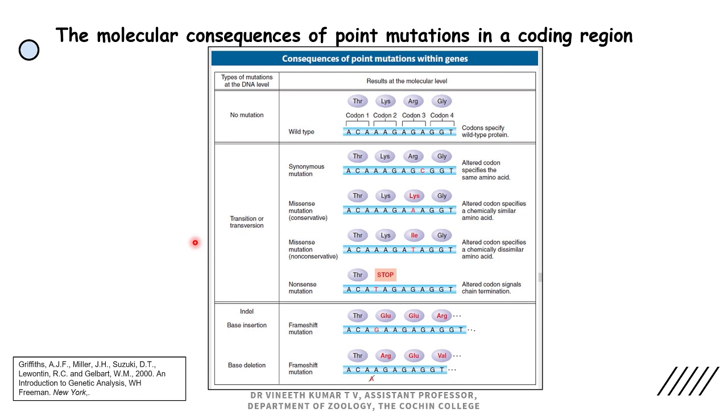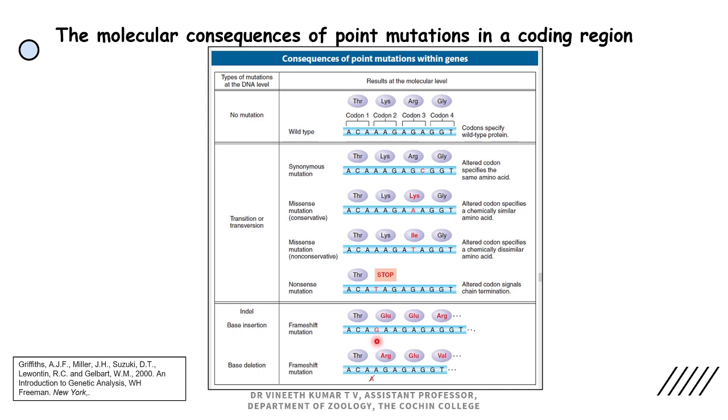But here the entire reading frame will be altered because of either an addition or a deletion. So the first one is base insertion or addition. This is a frame shift mutation or an indel. You can see here a guanine is inserted in between. This is the normal one, ACA, and the other one is AAG.